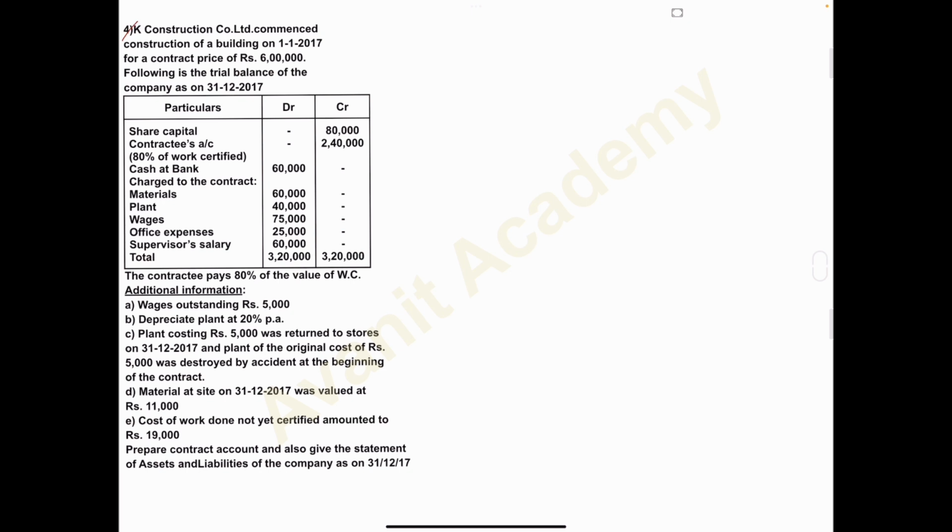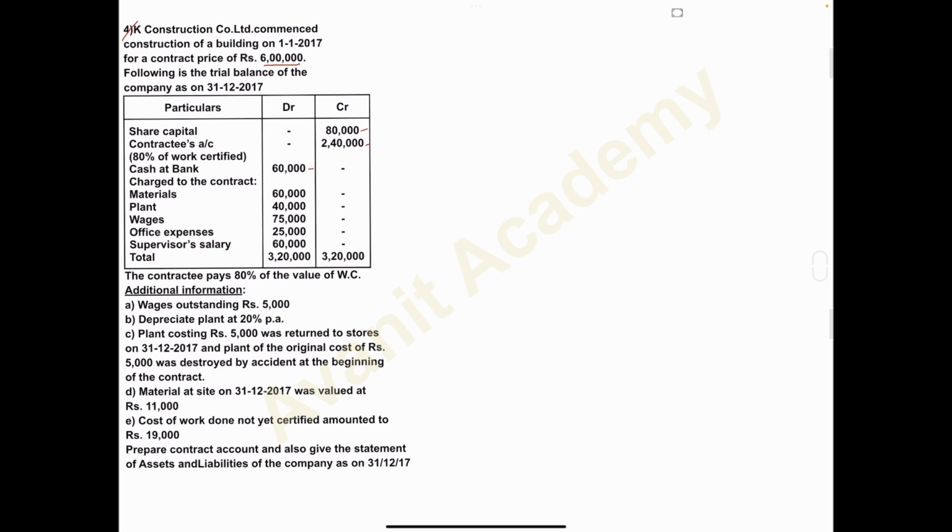Problem number 4. K Construction Limited commenced construction of a building on 1st January 2017 for a contract price of rupees 6 lakh. Following is the trial balance of the company as on 31st December 2017. Particulars: debit, credit. Share capital 80,000. Contractee account, 80% of work certified amount, is 2,40,000.